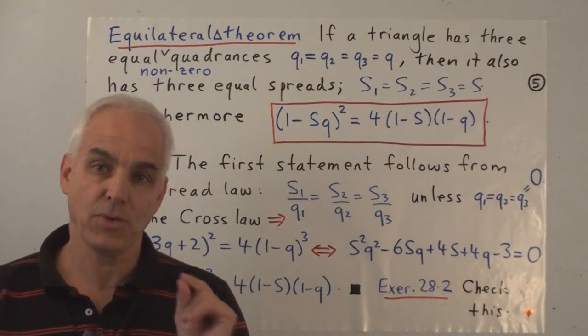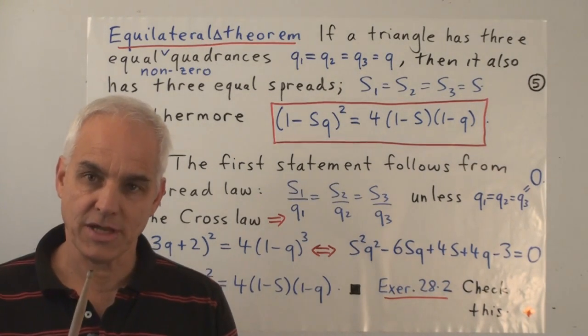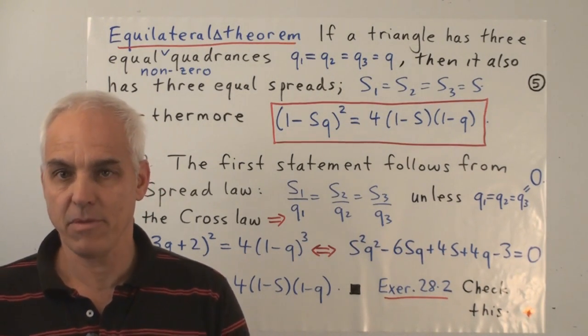This result is the equilateral triangle theorem, and it concerns an equilateral triangle in hyperbolic geometry.